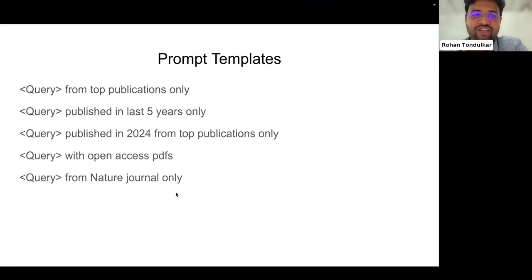Because we are getting close to running out of time, these are some of the prompt templates for deep review. Whatever your query may be, you can just say, from top publications published in the last 5 years. You can combine these things. You can say with open access PDFs, you can say from Nature journals or this conference.